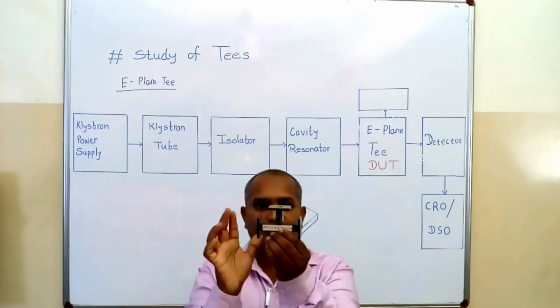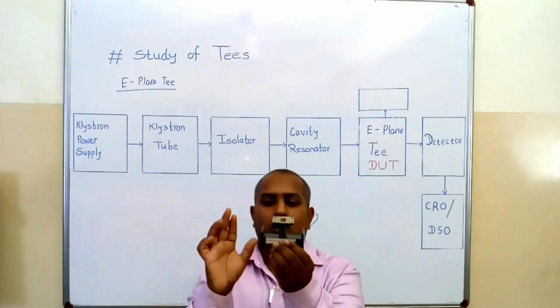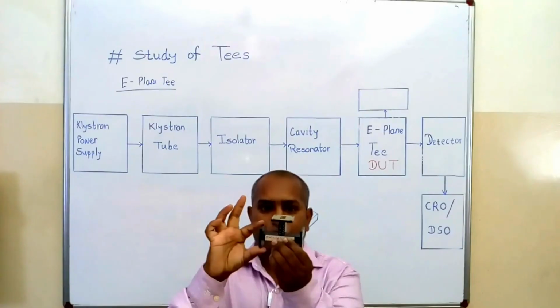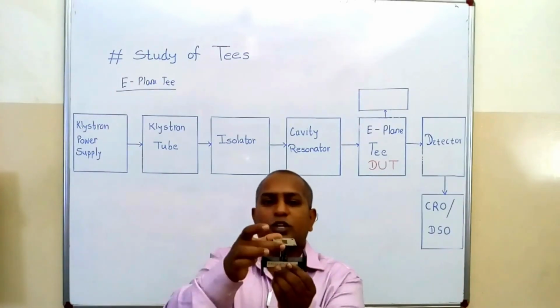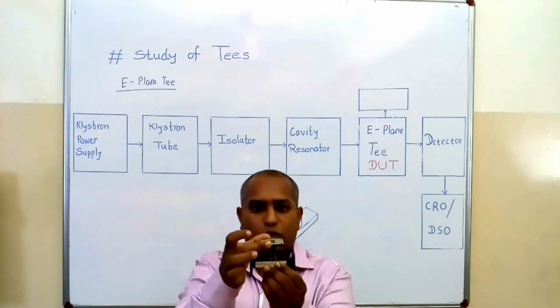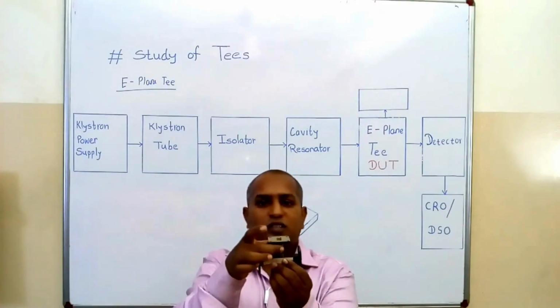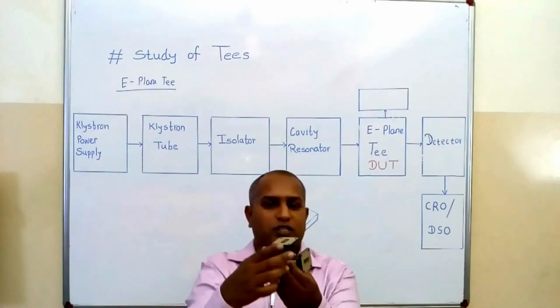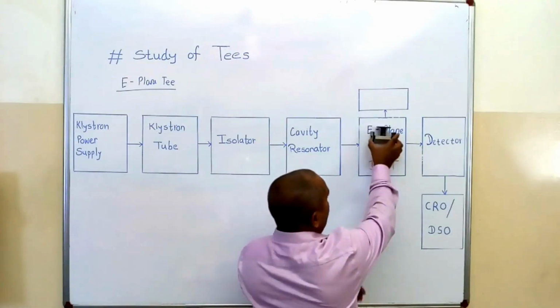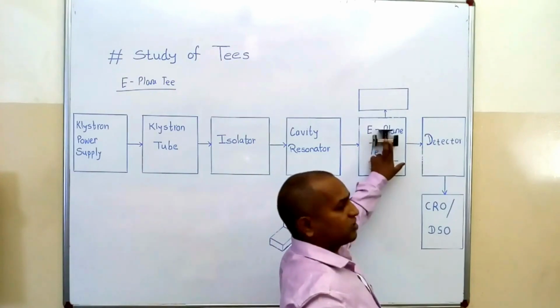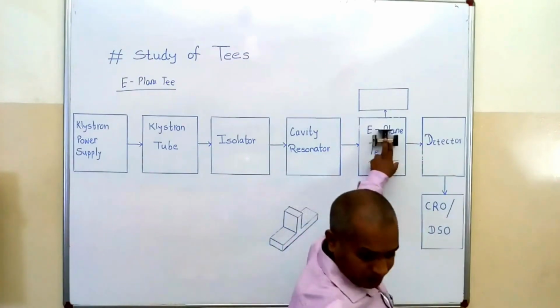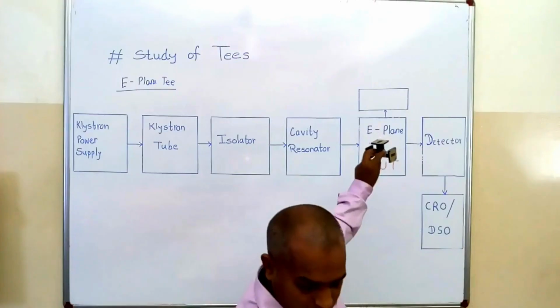This is an E-plane tee. This portion is my port 1, this is my port 2, and the third is my third port. This port is also known as the E-arm. So if we place my E-plane tee in this block, the structure looks like this.